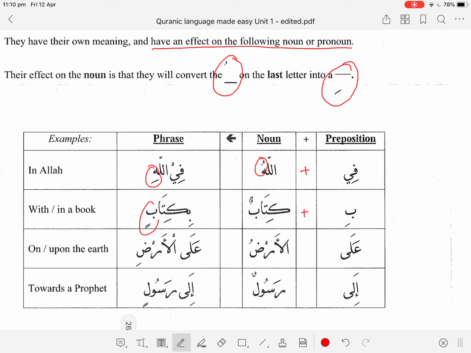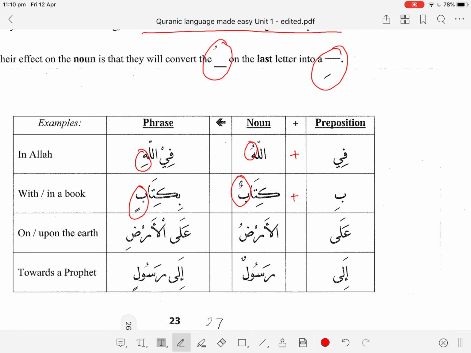Again you have the change here, like ala plus ardu, meaning upon the earth. Ala plus ard becomes alal ardi. And ila plus rasulun becomes ila rasulin. So this is the change that happens in harf jar.